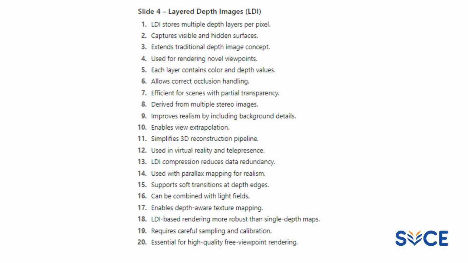The applications include virtual reality tools, cinematic effects, telepresence systems, as well as interactive 3D visualizations, where users can move freely and see the environment from any angle while maintaining realism.